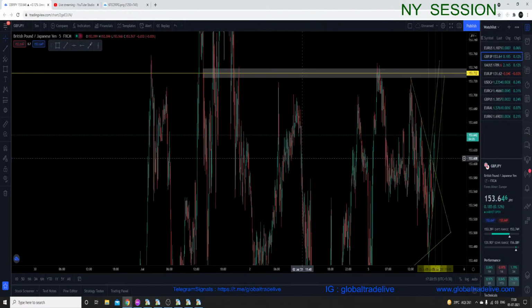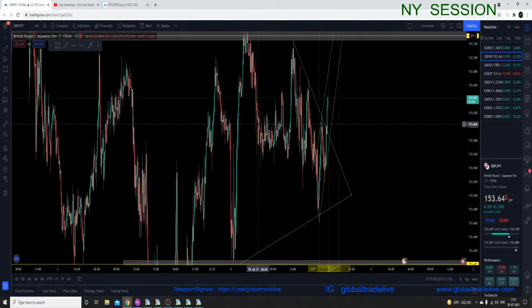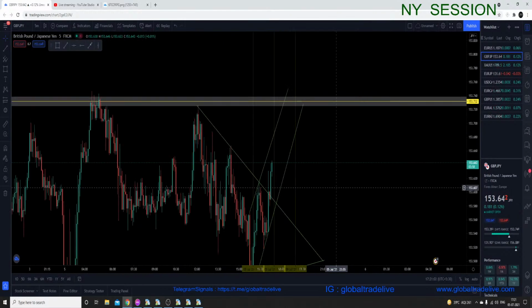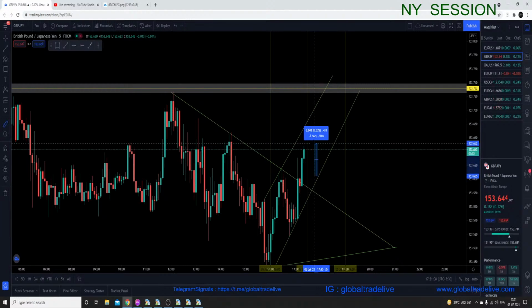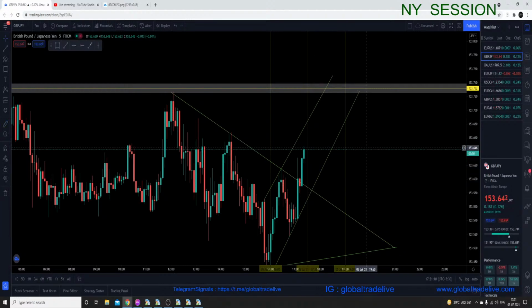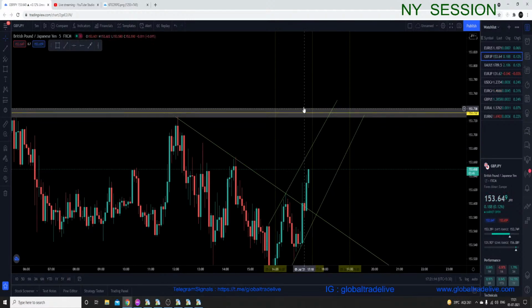It just broke the high, now it can really go up. Sorry. So it just broke the high right now, and I think it can really go up, but the thing is we do have the clean ranges above 153.732, so we need to wait for the market to create something above that area so that we can take the buy trade.